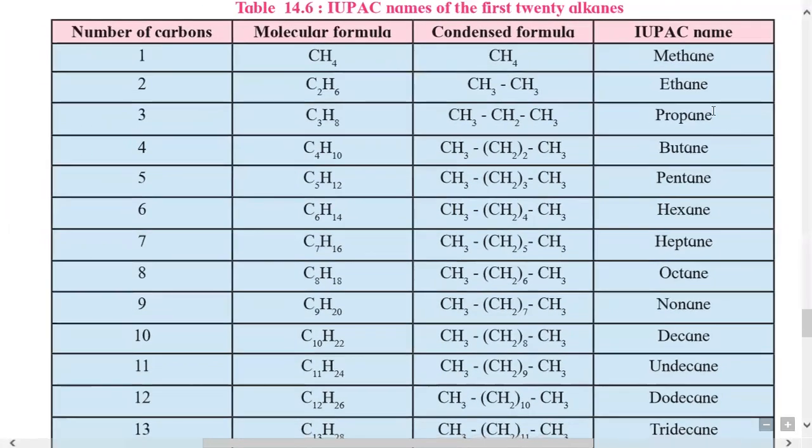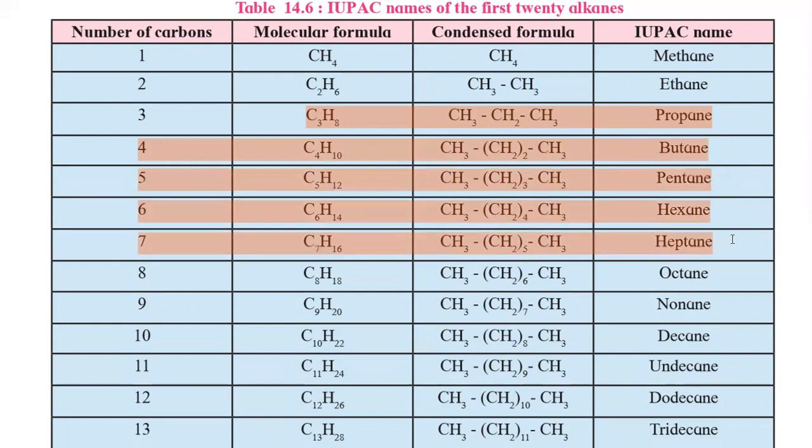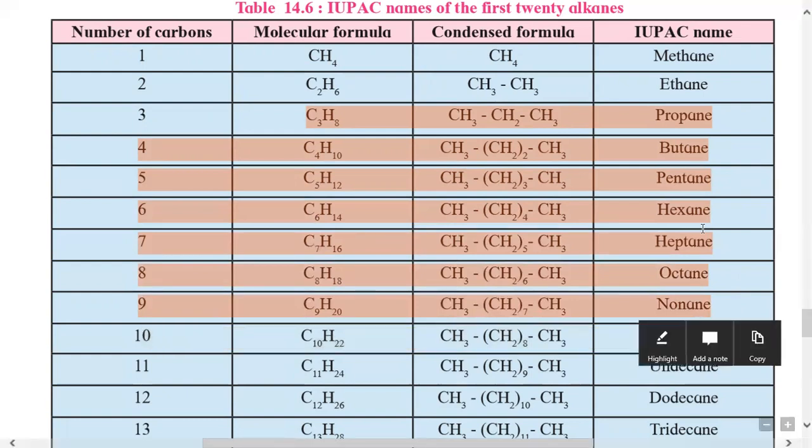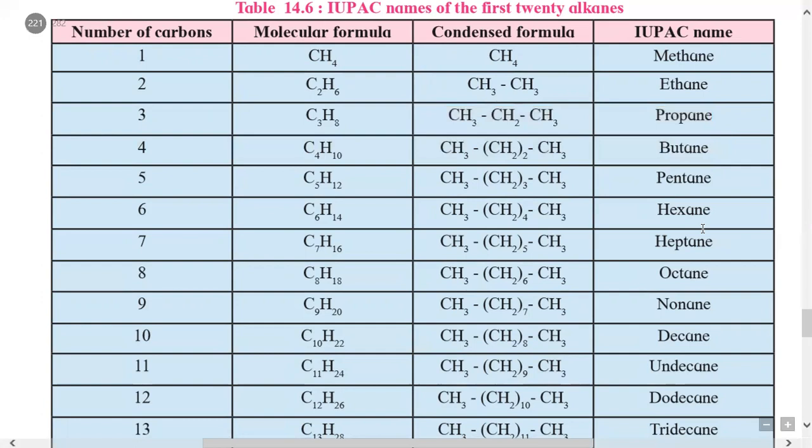The 3 carbon alkane is propane, with molecular formula C3H8 and condensed formula CH3 CH2 CH3. Similarly, butane, pentane, hexane, heptane, octane, nonane, decane. Like this, many examples of this type of organic compounds can be given in the homologous series.